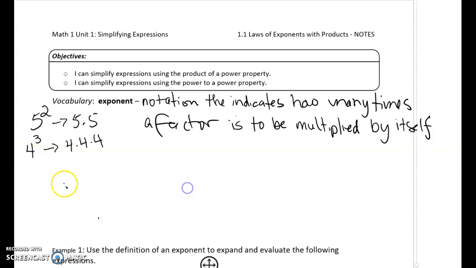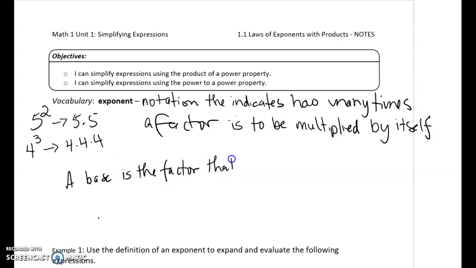So let's write that down. A base is the factor that is to be multiplied to itself.